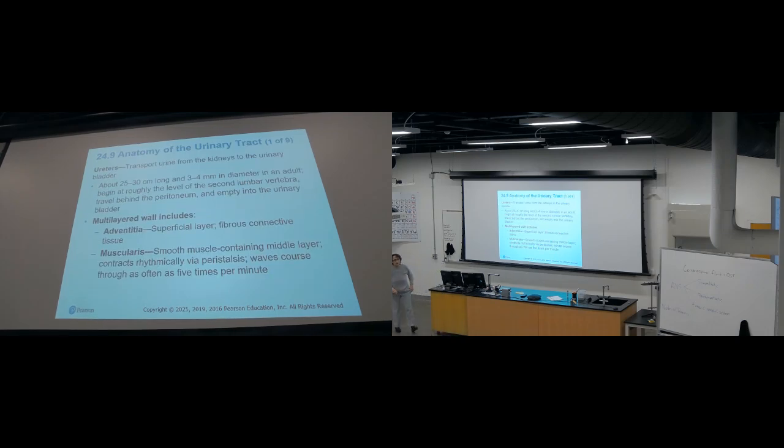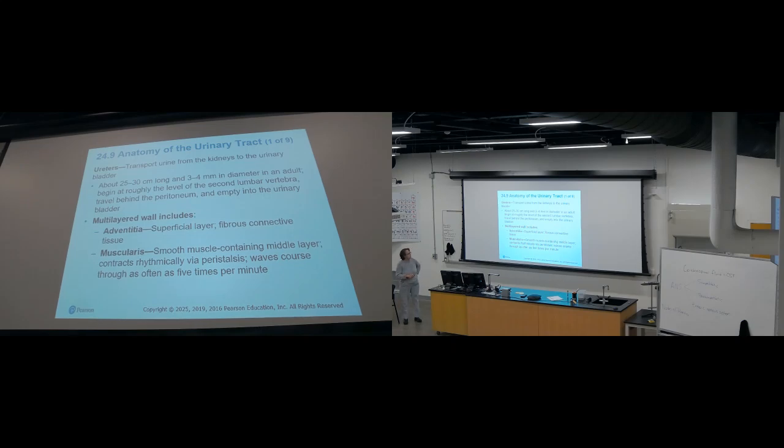For the ureters, they are a couple of tubes that measure between 25 to 30 centimeters. So it's a little bit longer than 10 inches, and they have a small diameter, 3 to 4 millimeters, which is 1/6 of an inch or so, or 1/8 of an inch.